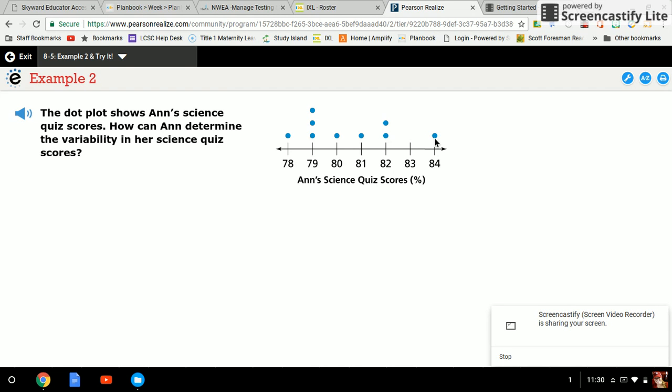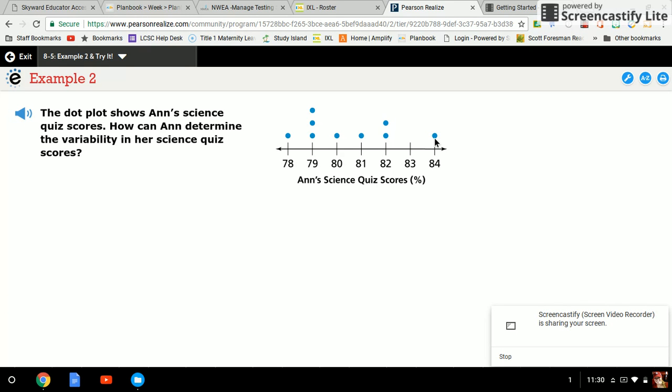No, she did not. In order to figure out the variability here, they're asking you to figure out the interquartile range, or the IQR. That is part of the box and whisker plot.